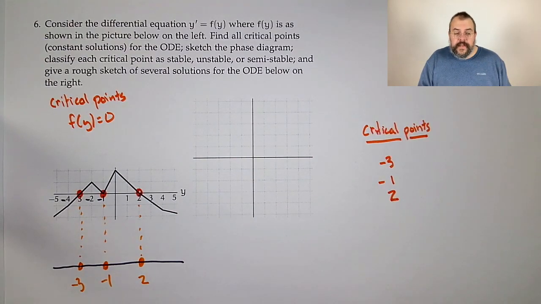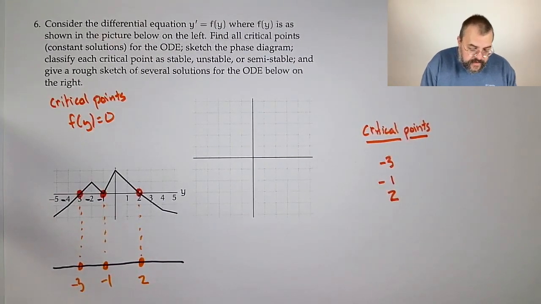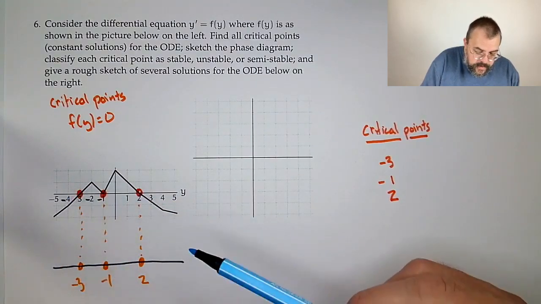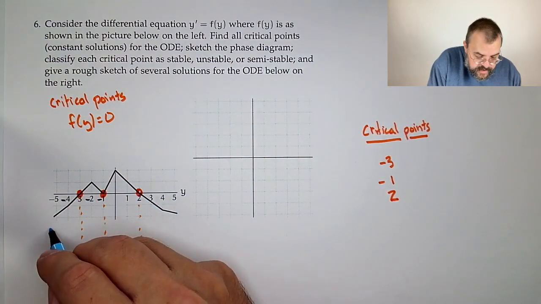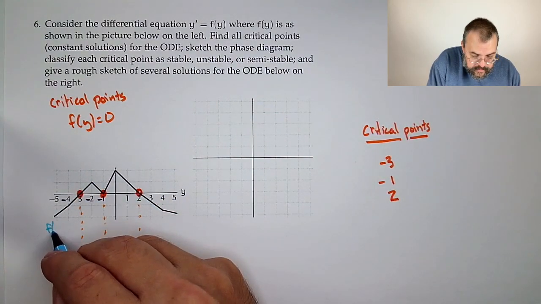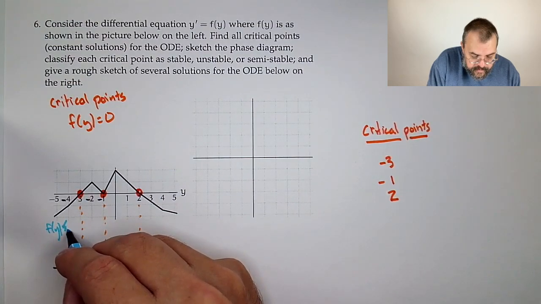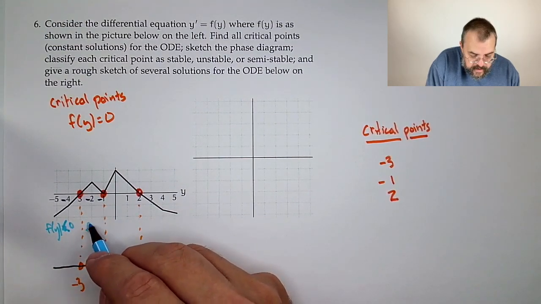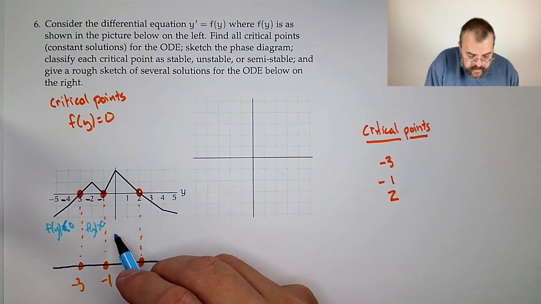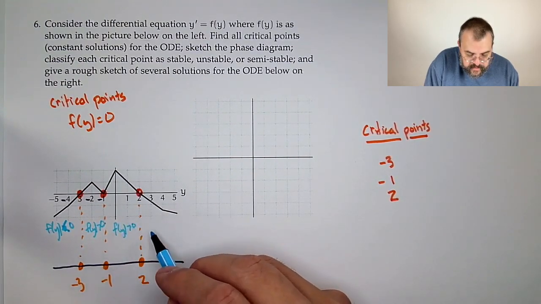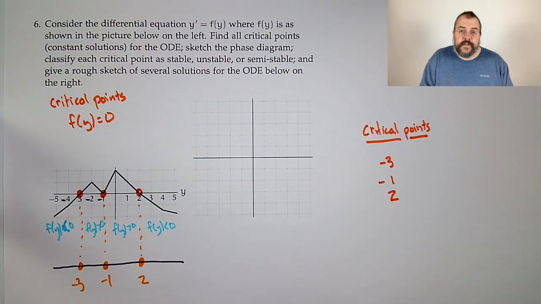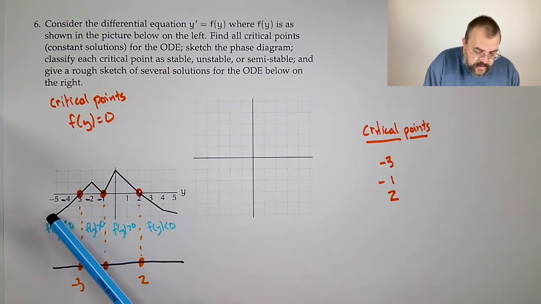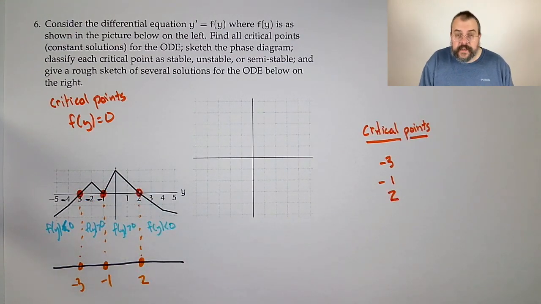Well, what we look at is, where is our f function positive or negative? We're positive if we're up above the axis, we're negative if we're below. So we see that f of y is below, so that's negative. F of y is above, positive. We're still above, so still positive. And we're below, so we're negative. So we can see from the picture what's going on: negative, positive, positive, negative.